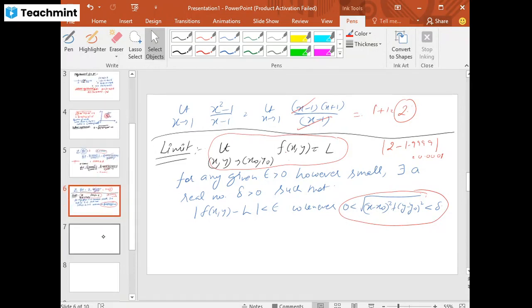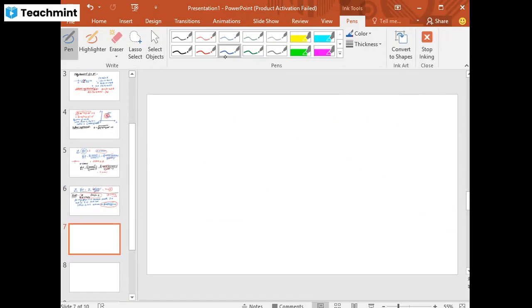So now let us consider some problem based on the delta epsilon approach. Let us consider some simple problems here.